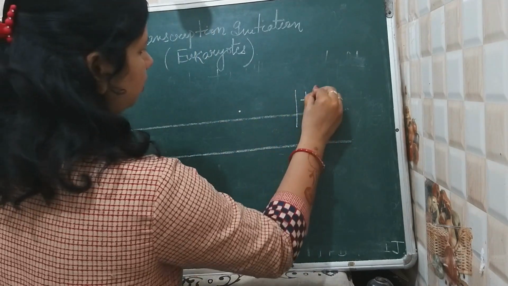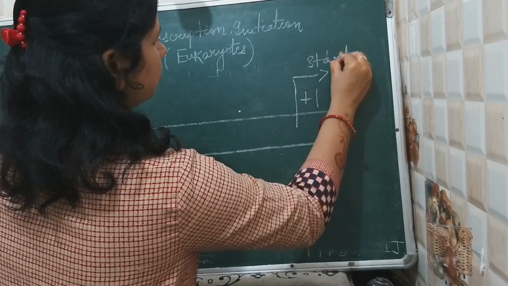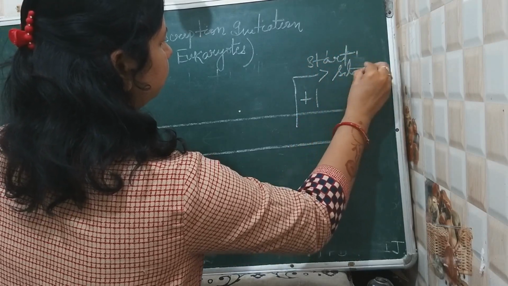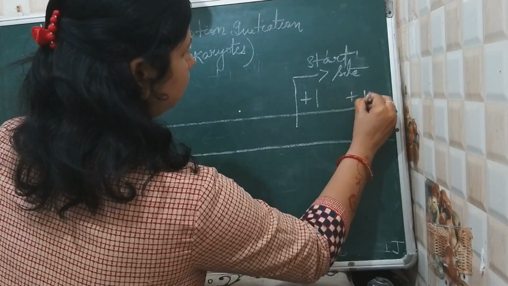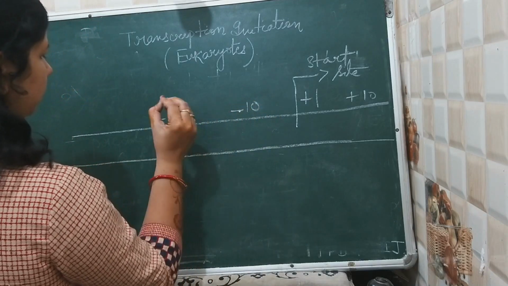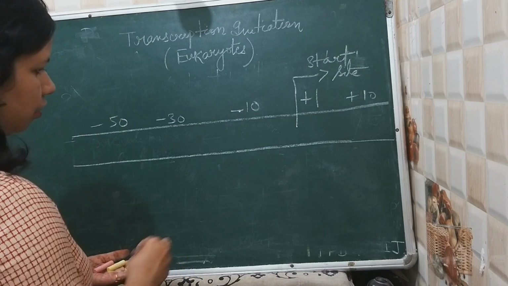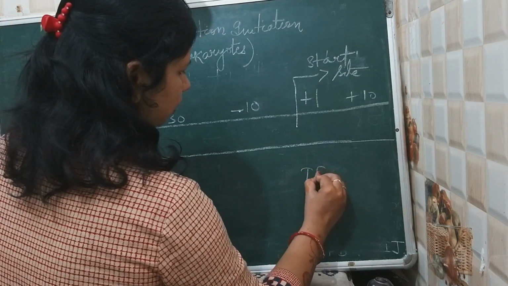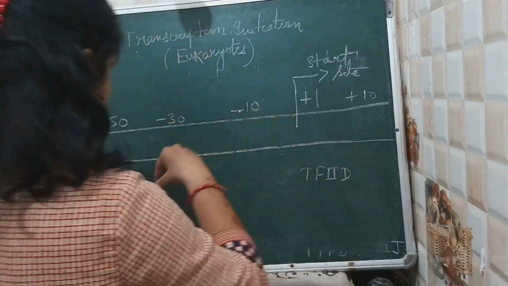So suppose this is the +1 site, the transcription start site, and this is +10, -10, -30, -50, etc. So the first transcription factor which comes and binds is TF2D.